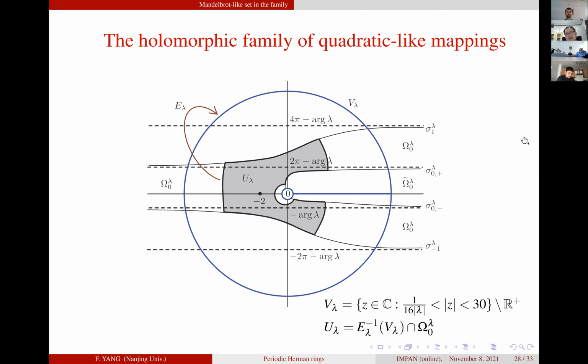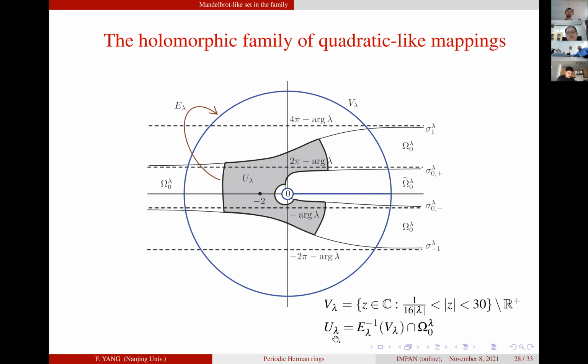And then we choose a very big disk, I should say an annulus. The annulus minus the positive line gives a simply connected domain. Then we take a pre-image, and we obtain a domain like this, which is compactly contained in the original domain. This is U_lambda.